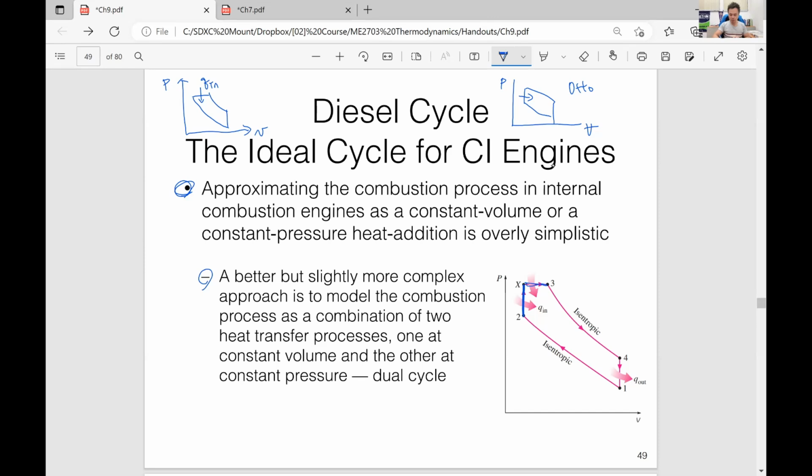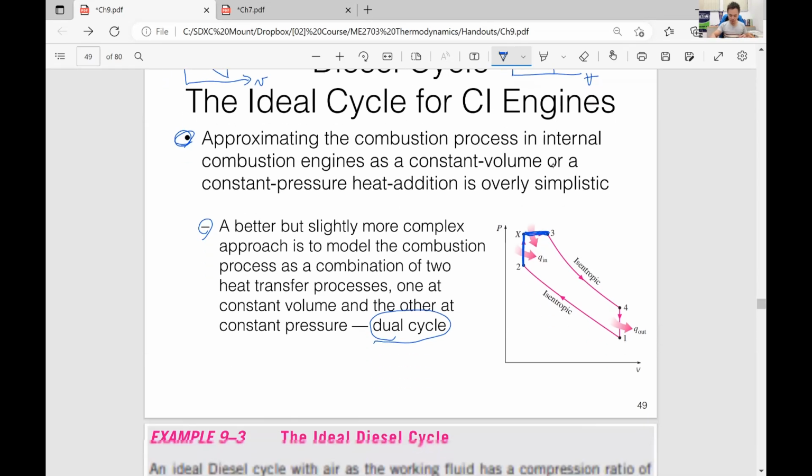This is called the dual cycle. We combine constant pressure and constant volume processes together.